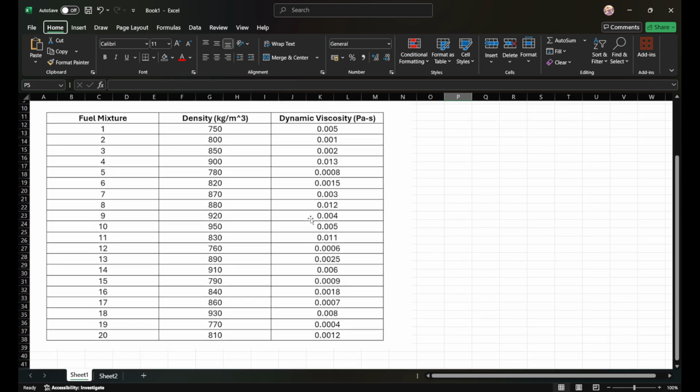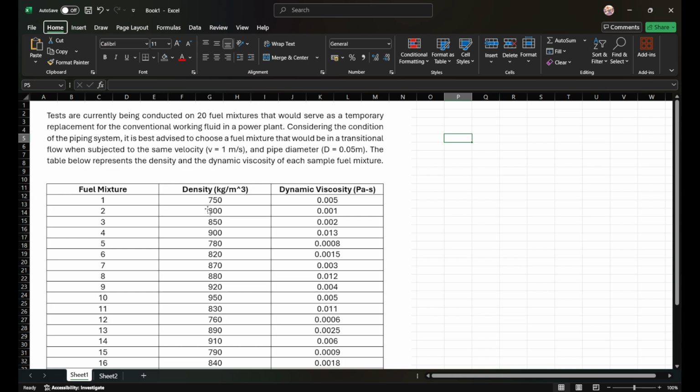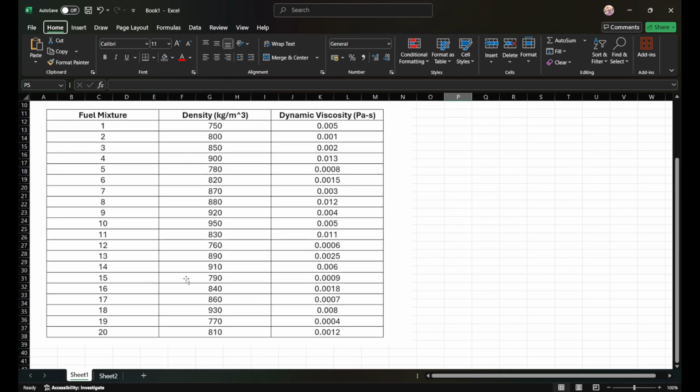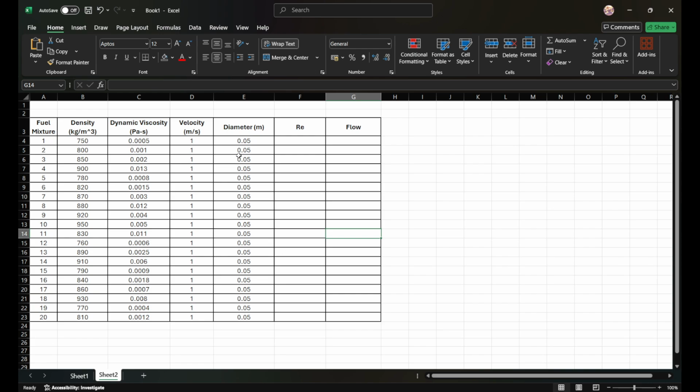Since we have a lot of data here, we opt to use Excel to make our computation easier. So, let's go to the other sheet where we can compute our Reynolds number. I already tabulated the data here to make it easier, and we can now compute for the Reynolds number.